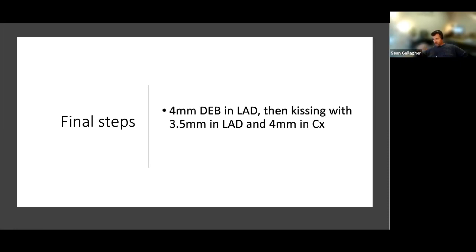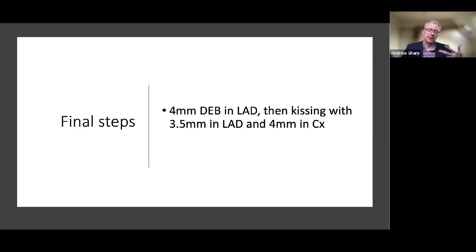All I'm trying to do is just reshape the carina, because I have fully optimized the stents as best I can independently with NC balloons. And then I do a final pot to get rid of any kind of elliptical left main from the two kissing balloons extending back. But to answer your question, it's because the balloons conform in the left main and they don't end up being the two diameters.